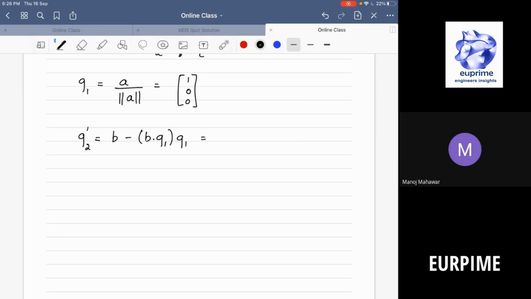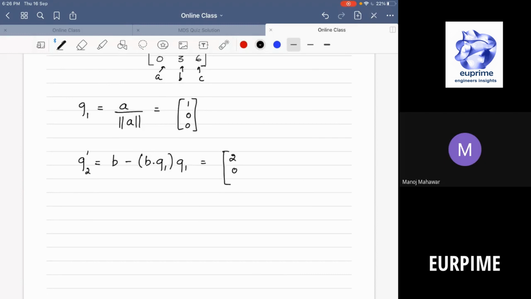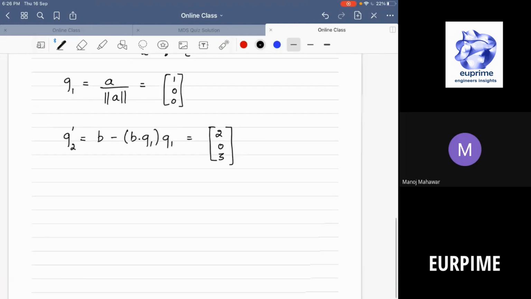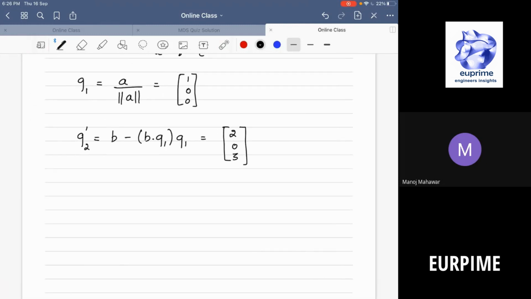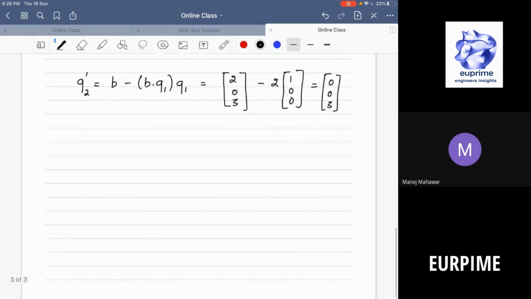Here b is 2 0 3, and the dot product of b with q1 is 2. If you solve this, you'll get 0 0 3, correct? Now to get the orthonormal vector q2, you divide by the length of q2 dash, so you'll get 0 0 1.